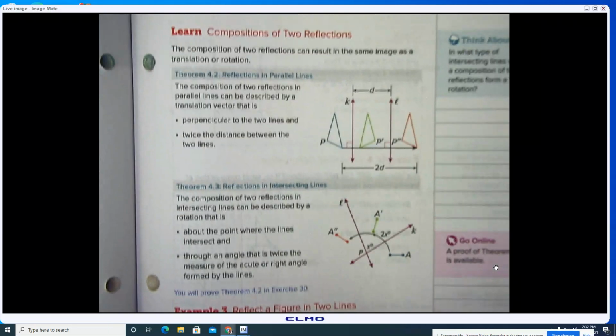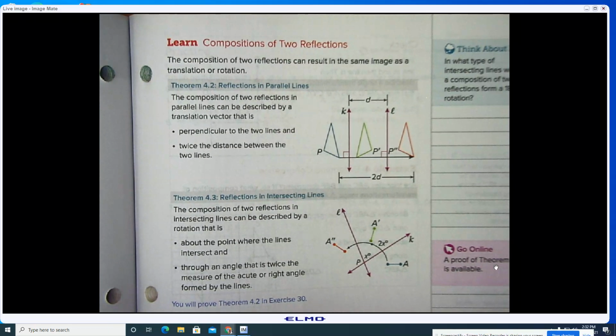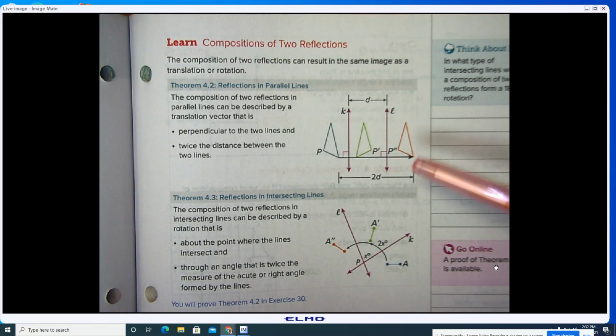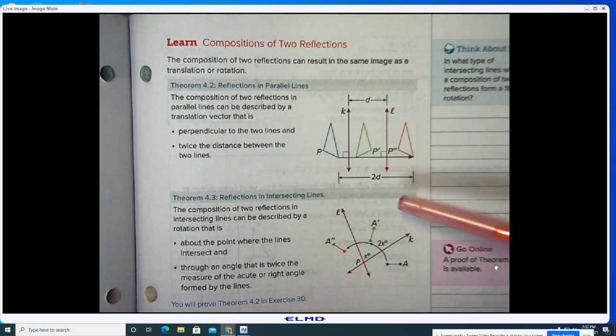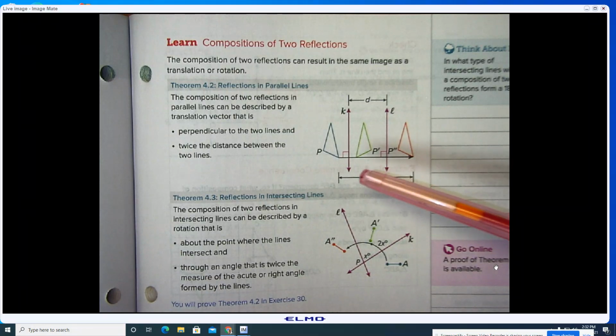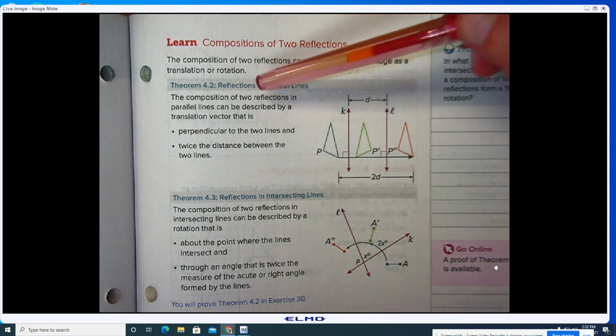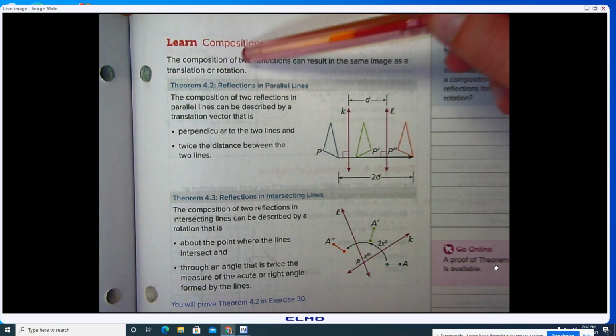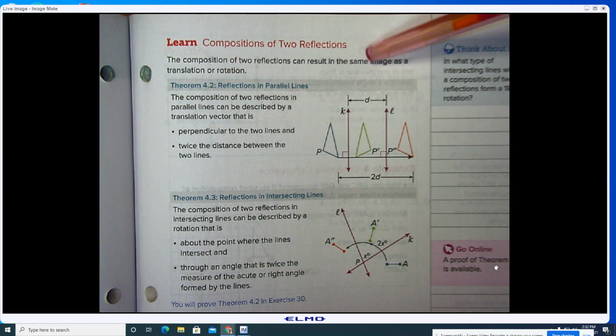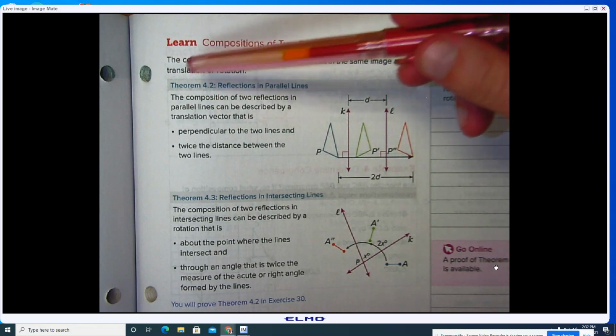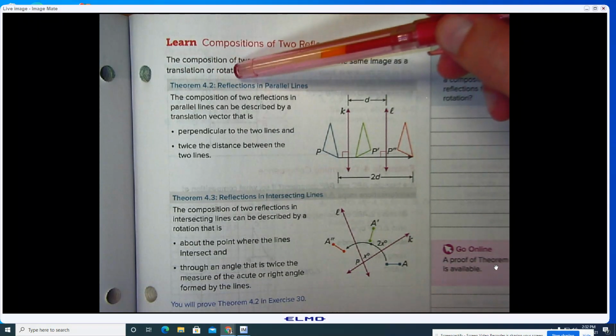Now we're going into the idea that if you have two types of transformations, it can sometimes be compared to a single transformation. In this case, the composition of two reflections can result in the same image as a translation or a rotation.